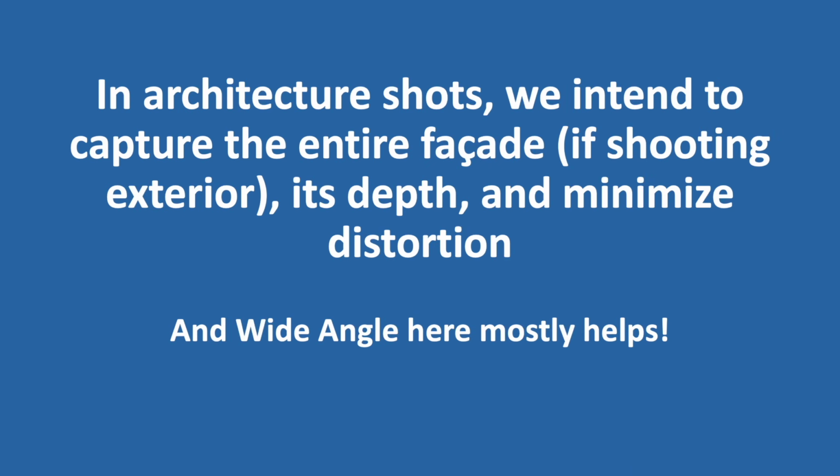Now, architecture. The goal in architectural photography is different from landscape. Sometimes we want to capture the entire facade if shooting exterior. We want to convey the depth and volume of the space, and we want to minimize distortion or at least control it deliberately. And the wide angle mostly helps.